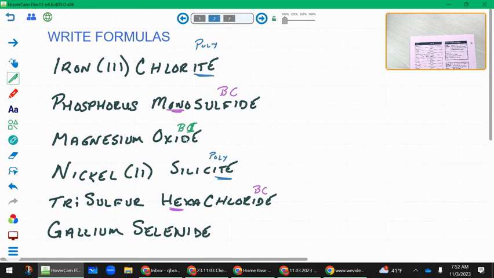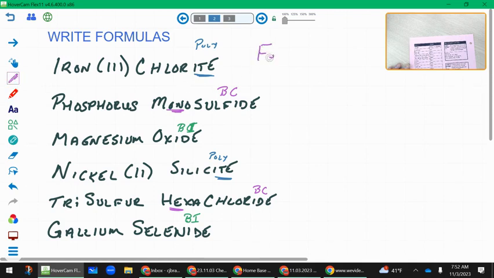Okay? That means I'm going to have to do my charges and things. Gallium selenide, nothing on the back of my periodic table looks like selenide, so this must be a binary ionic as well. Okay, so for polyatomics and for ionics, I am going to have to work with those charges.